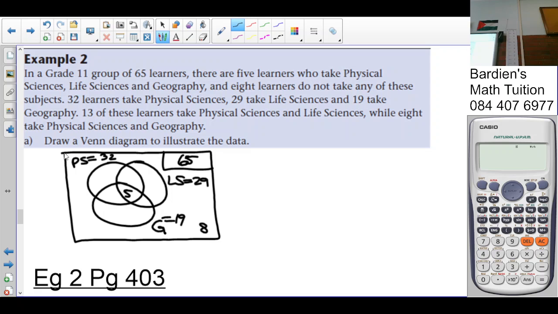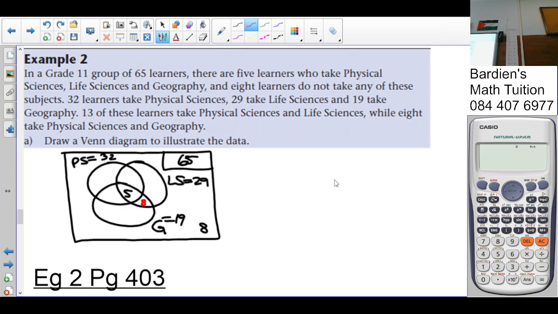13 of these learners take geography and life science. So that 13 will be represented there. But 5 of the 13 is already accounted for. Can you see that? So I take 5 of the 13, I get 8. All agree with that?